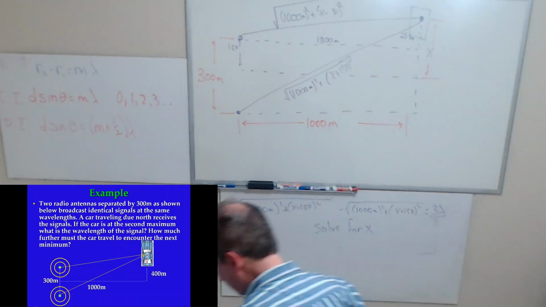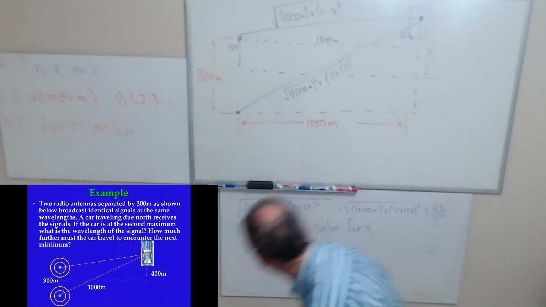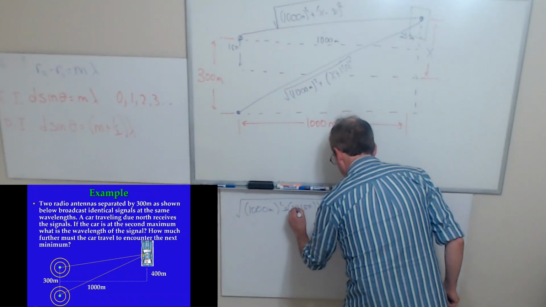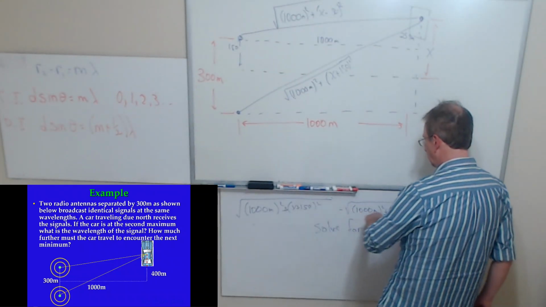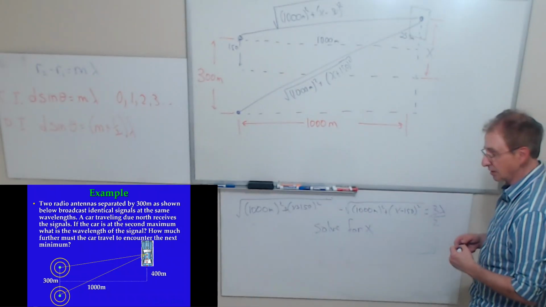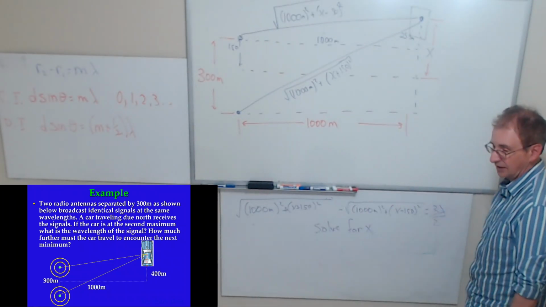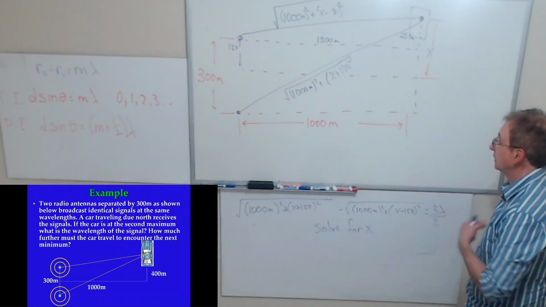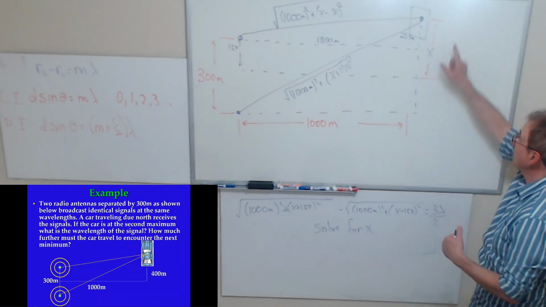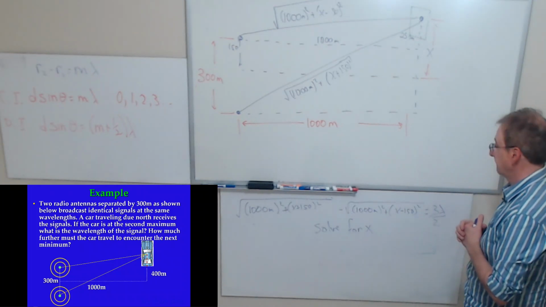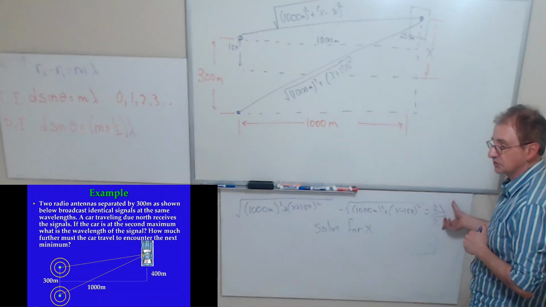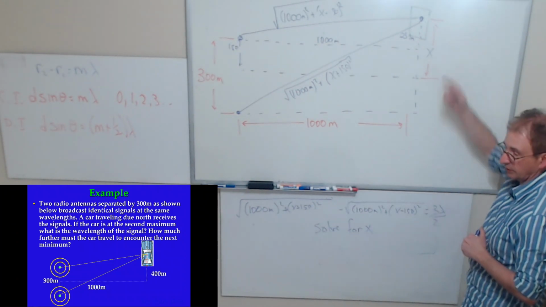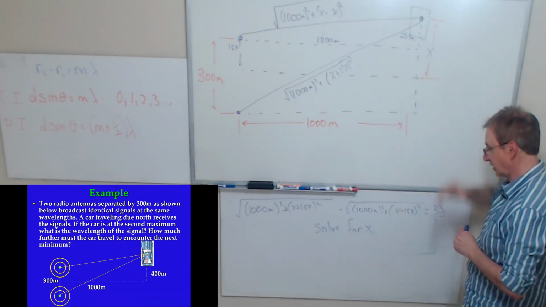Okay, one thing I noticed wrong. Sorry, I should switch these two, otherwise this becomes negative. I made the bigger one when it's a smaller value become a positive number. Otherwise, I'd have to set this to a negative number in order to solve it. Okay. So let me recap. If I want to find what the next minimum is, that's when the path difference is 3 lambda over 2. I'm assuming the car's driving north. I guess I can have the car driving south, but let's assume the car's driving north.